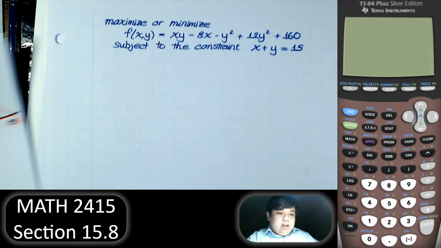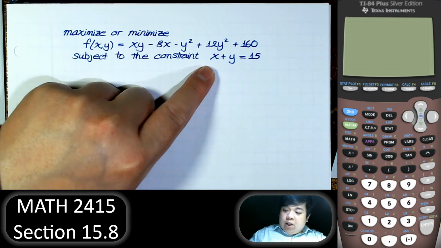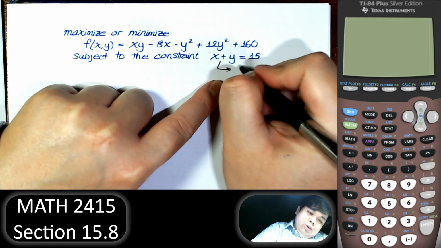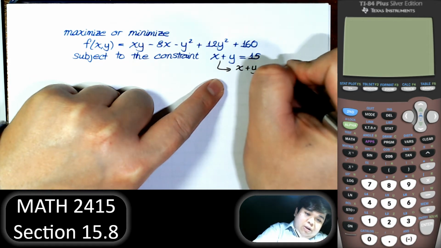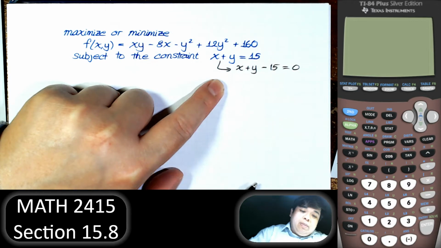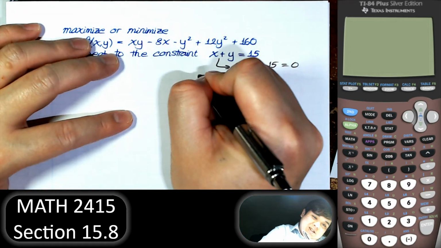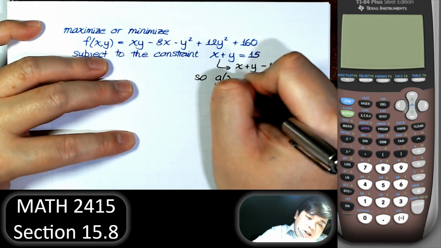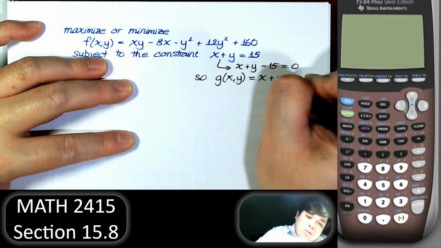So we're going to do this and see what happens. First of all, x plus y equal to 15. We can turn this into x plus y minus 15 equal to 0, and that is g of x, y. So g of x, y equals x plus y minus 15.